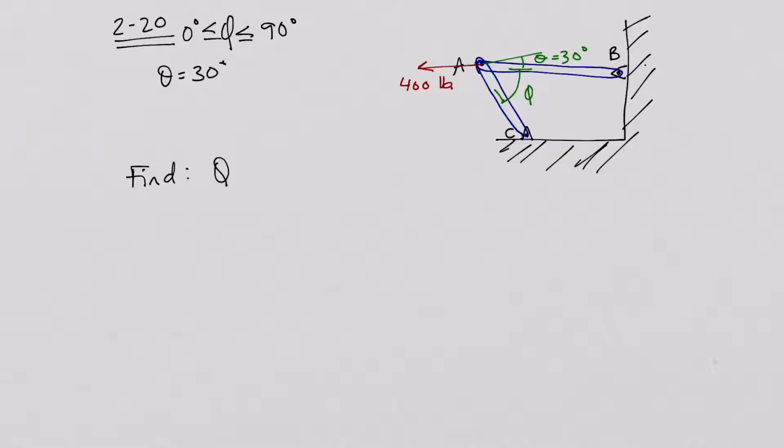And the 400-pound force is horizontal. It says that in the problem statement. Oh no, it's not horizontal. So the 400-pound horizontal force, okay, it is horizontal. It has a component of 600 pounds, which acts up to the left in the same direction as from B towards A. All right, so I'm going to go down to the solution.